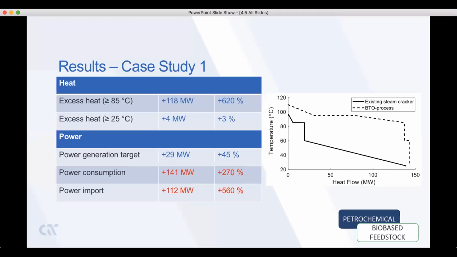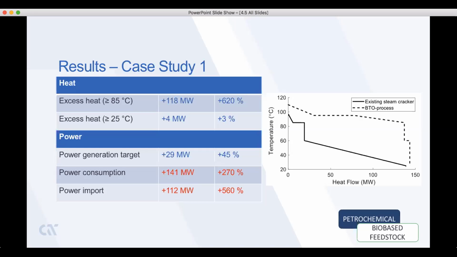The excess heat signatures of the steam cracker and the biomass-based process are displayed to the right on this slide. The solid line indicating the existing process and the dashed line indicating the potential biomass-based process. As can be seen, total amounts of excess heat are roughly unaffected by the conversion to the biomass-based process, while excess heat temperatures are expected to increase significantly, and there is a more than 7-fold increase in excess heat above 85 degrees.